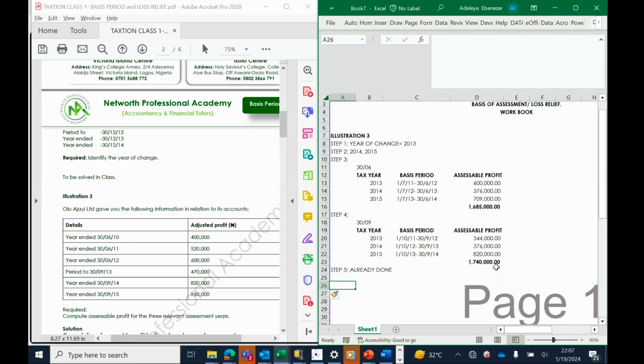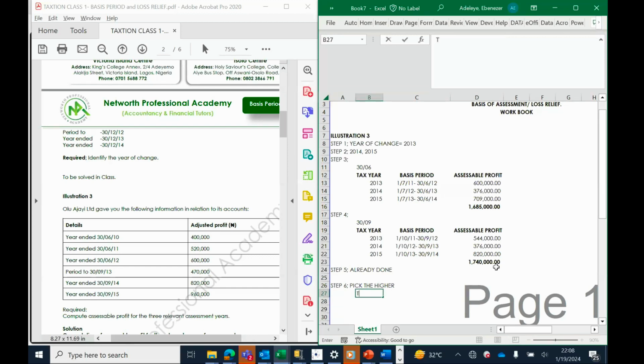Step 6 now said we should compare and pick the higher. So between the old and the new accounting date, which one is the higher? The new.